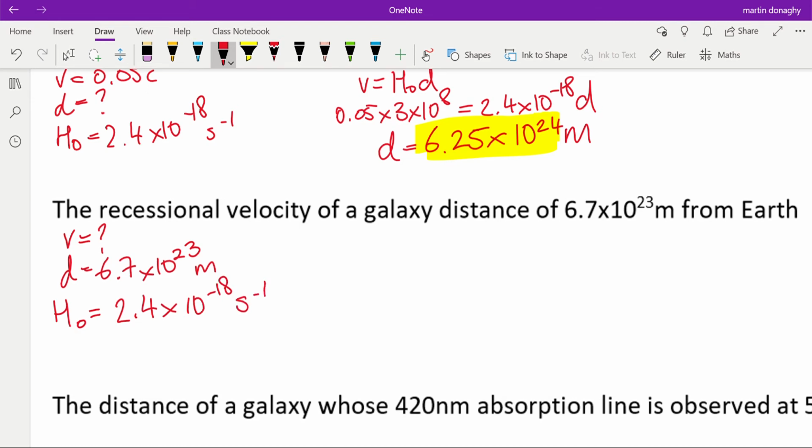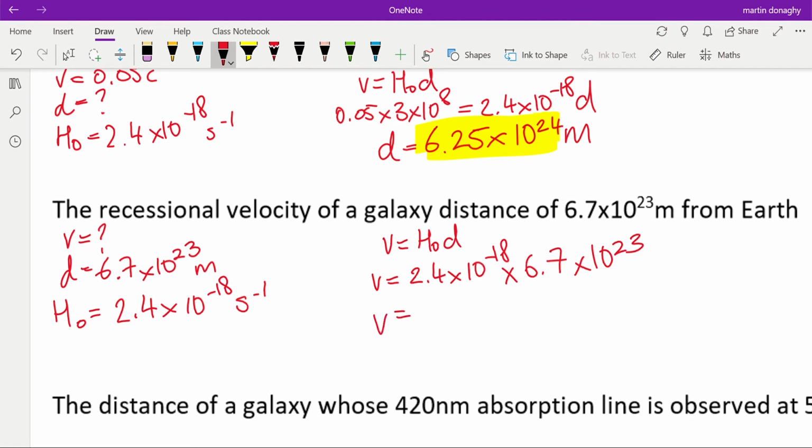Once again, just write out the equation. Put in your values, so v equals 2.4 by 10 to the minus 18 multiplied by 6.7 by 10 to the 23, which should give you a velocity of 1.61 by 10 to the 6 meters per second.